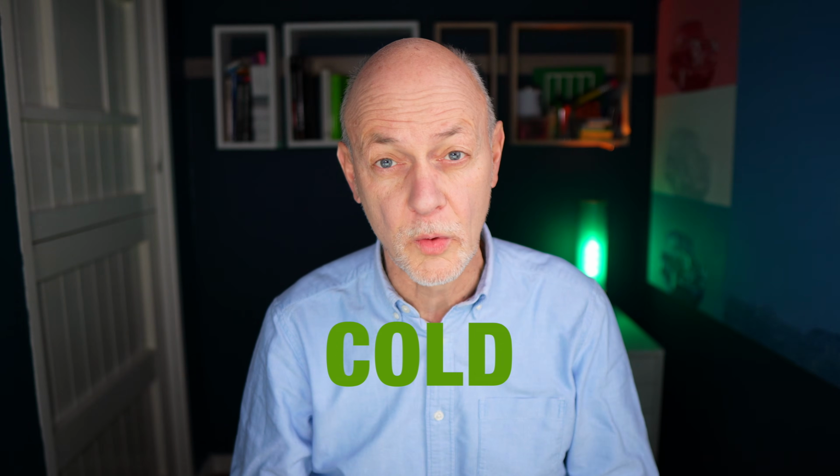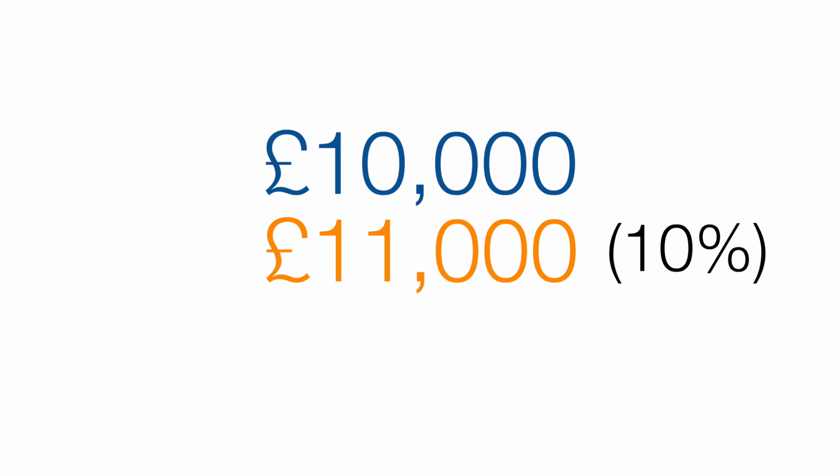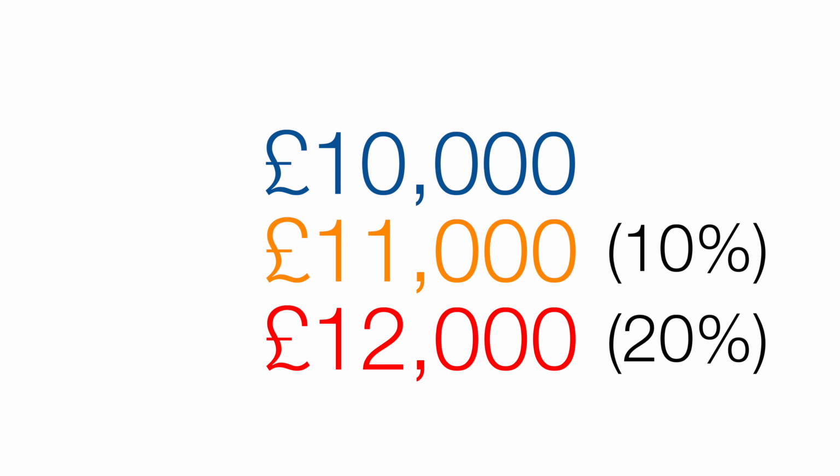The pain can often be hidden in percentages, so let's talk cold, hard cash. Say my builder's estimate was £10,000. If the final bill comes in at £11,000, I'm probably okay with that. If it's 12,000 or even more, then my builder goes from friendly neighborhood to simply neighborhood.